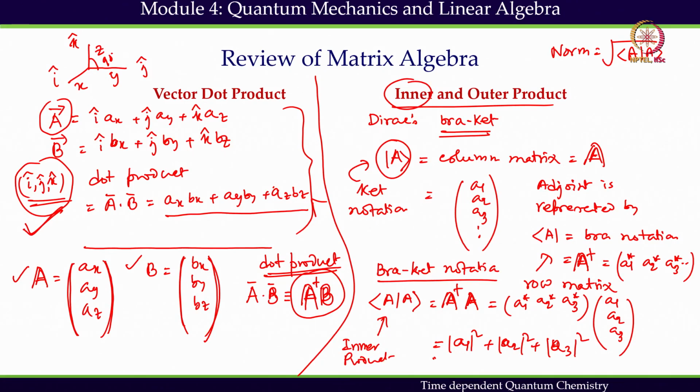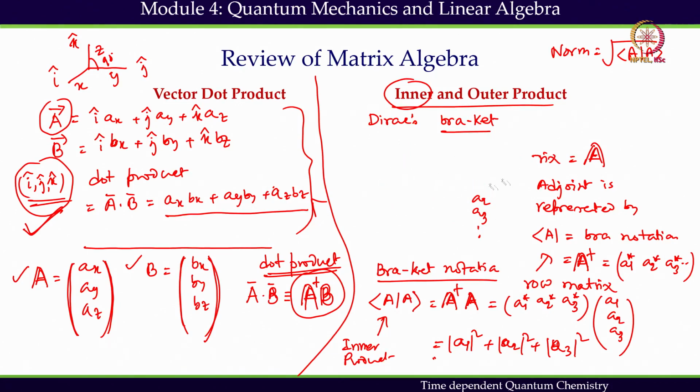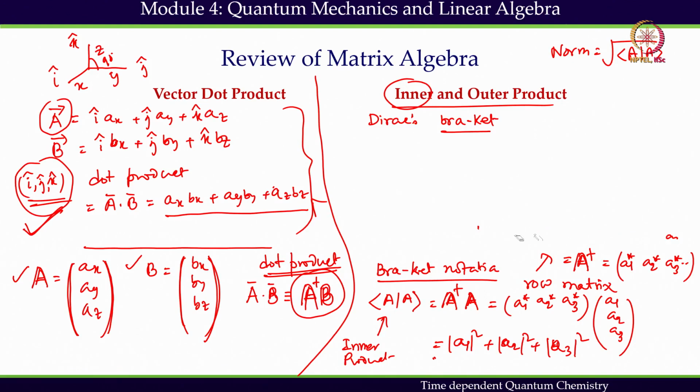Similarly, I can define the outer product as well, and the outer product is going to be the following. In this case I will not have bracket, I will have ket bra. So, the outer product is given by ket bra, which means I have this multiplied by this. This is the Dirac notation.